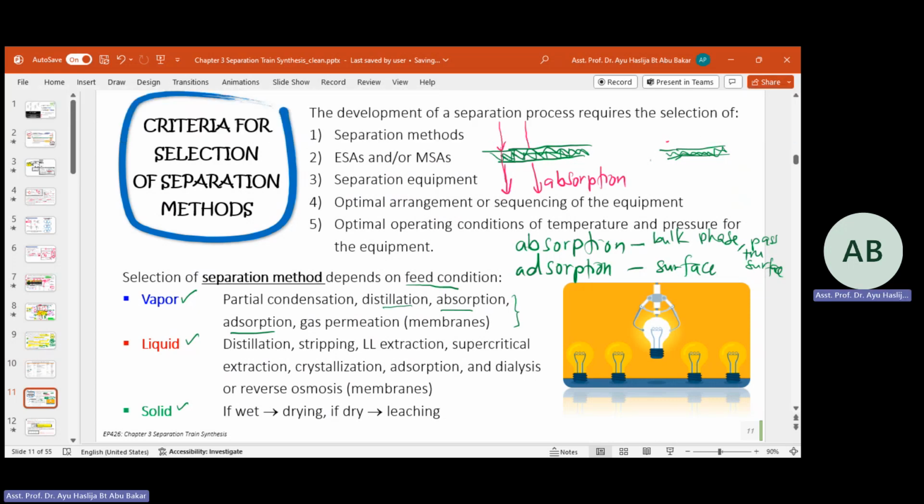Okay, the solute attached on the surface. Adsorption. Absorption, it passes through. The solute passes through the film or whatever that you are using. Adsorption is on the surface only. Okay, it attaches on the surface.